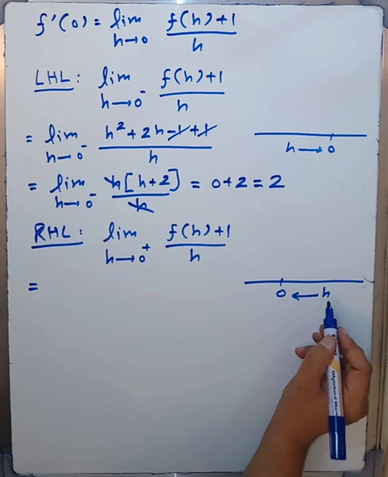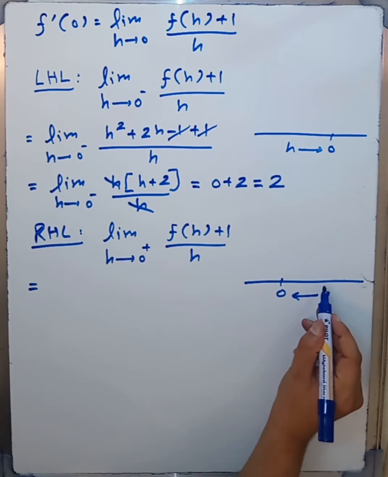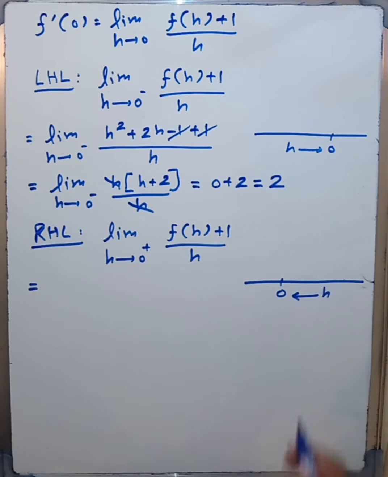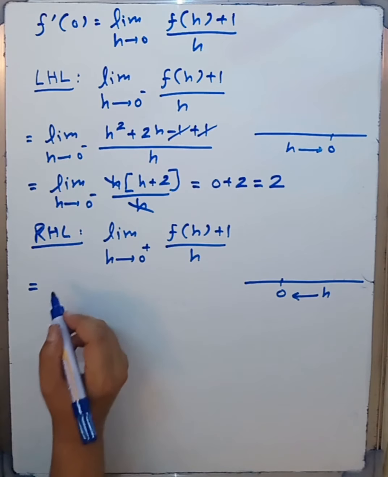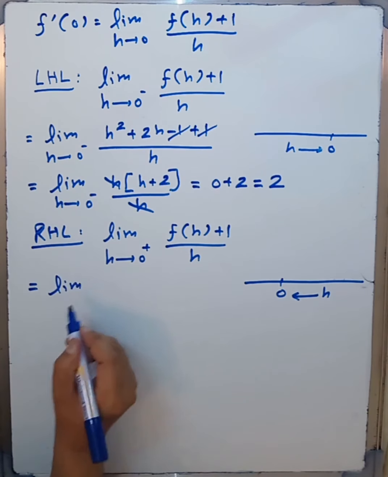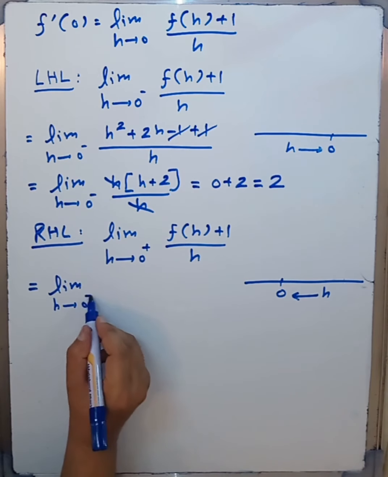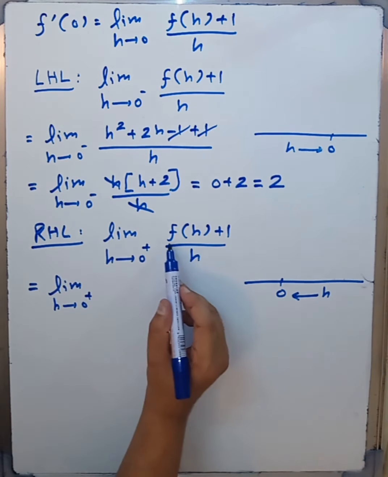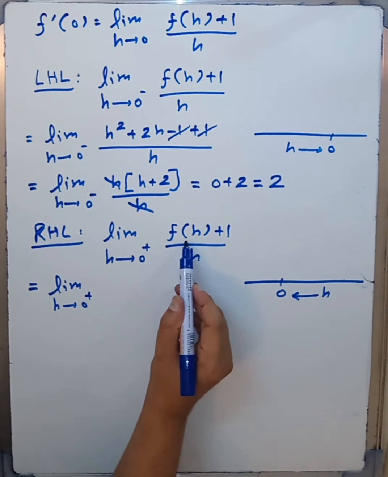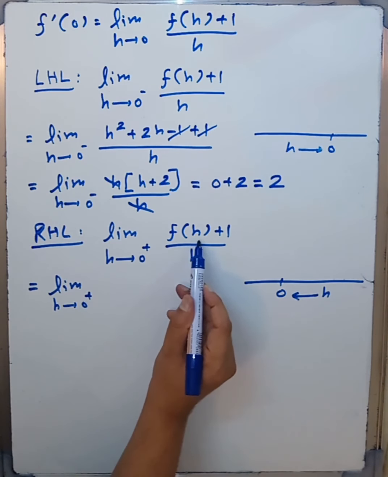It means h is greater than 0. In this case, when x is greater than 0, f(x) is equal to 2x minus 1. So this gives me limit h tending to 0 from the right. To find f(h), I will replace x by h in the second piece.